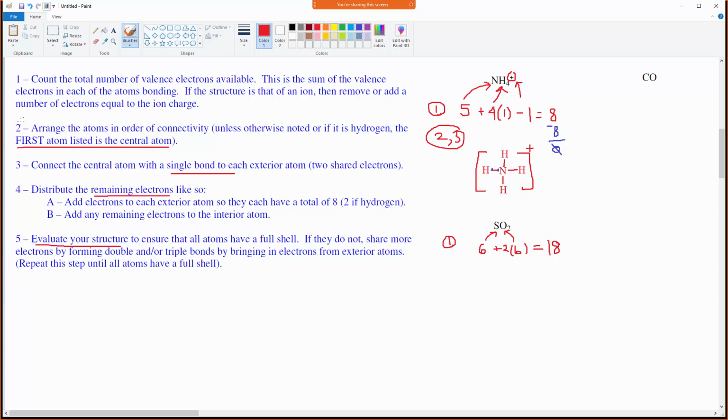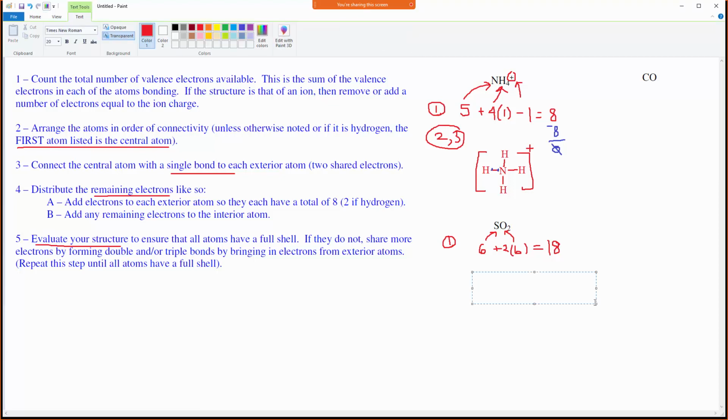Good. All right, step 2, arrange the atoms in order of connectivity. Which is the central atom? Unless otherwise noted, or if it is hydrogen, the first atom listed is the central atom. So sulfur is in the middle, and we're going to have oxygen on either side of it, like this.